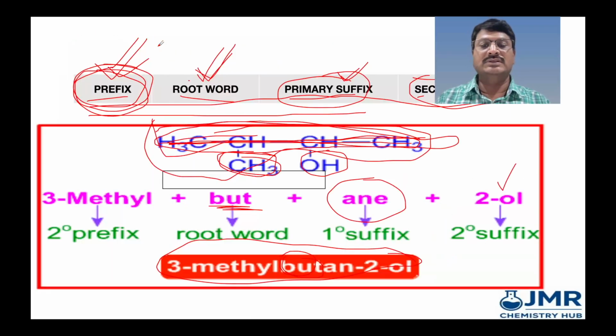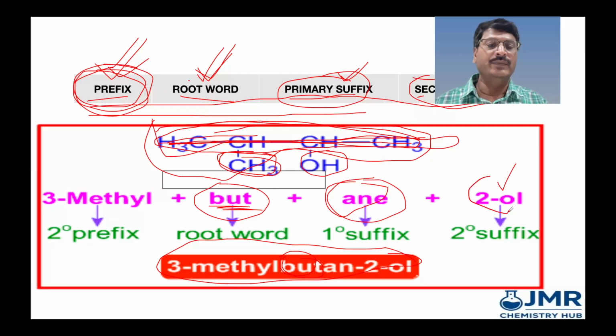For example, let us come to this example. The compound is 3-methyl butane 2-ol. Here the root word is but because it contains 4 carbons in the longest chain, the primary suffix is "-ane" because it is an alkane, and the secondary suffix is "-ol." Why is the secondary suffix written? It contains the OH group, alcohol.